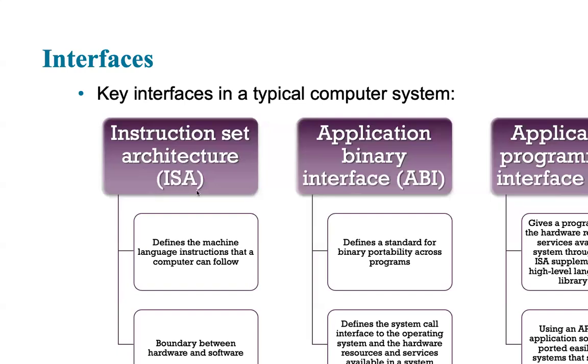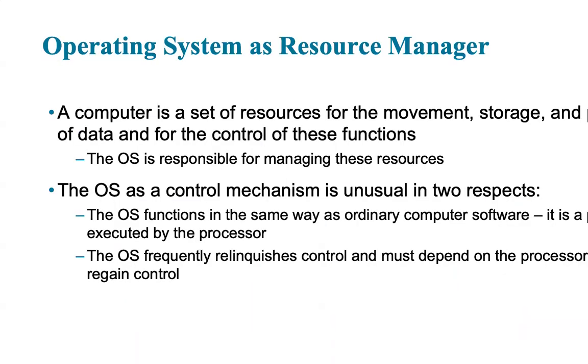So that's the ISA. The API is how we get the software modules to communicate with each other. And then we have the application binary interfaces. You have a library that's already been compiled, and you need a way to know how those things work together. Those are the three things we're conveying.